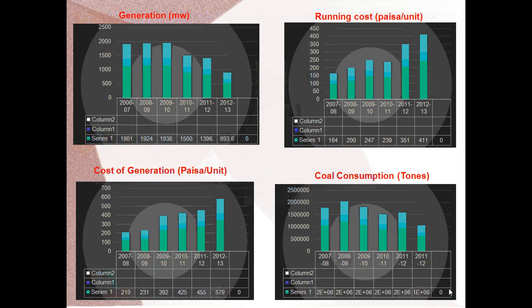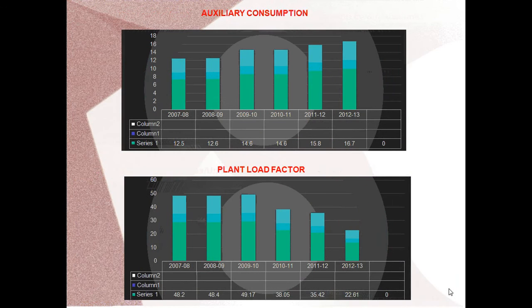So generation in megawatt is shown in the figure for various years, and running cost in paisa per unit is the unit of cost of generation, and coal consumption in tons. This is the chart for auxiliary consumption and plant load factor.